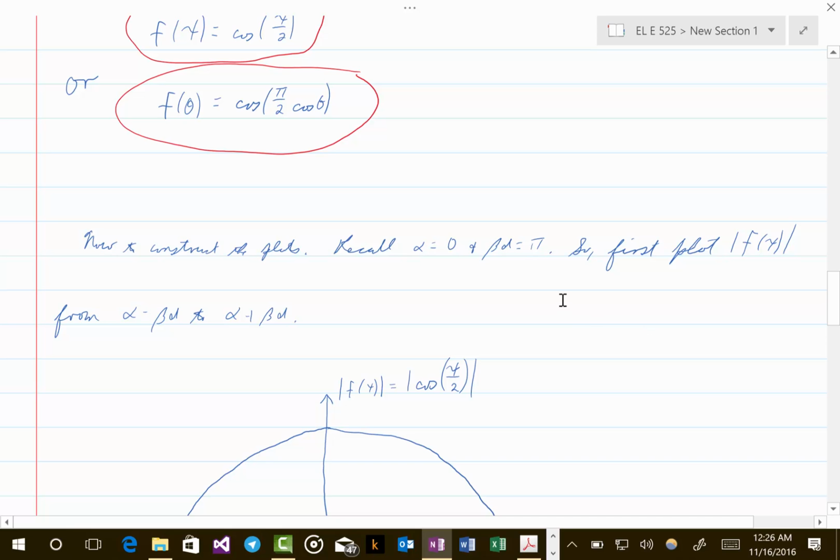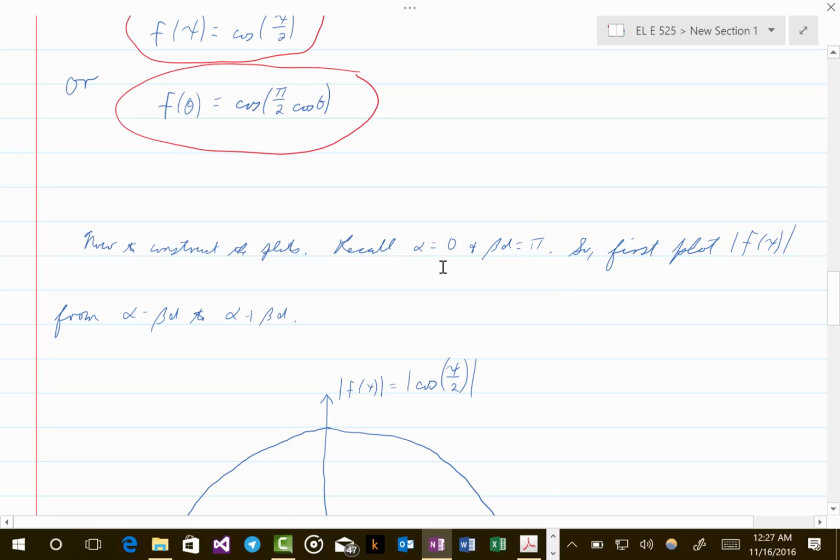Now if we want to go ahead and construct the plots, remember that for the plots, our polar plot will go from alpha minus beta d to alpha plus beta d. We've already found that alpha is 0, and beta d is 2 pi over lambda times lambda over 2, so that's just pi.